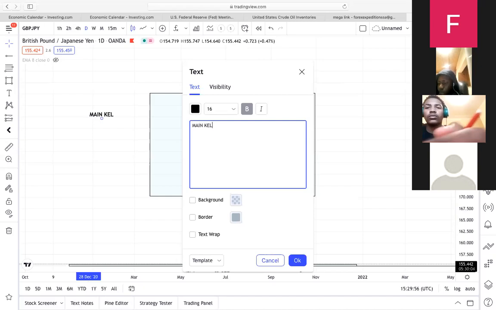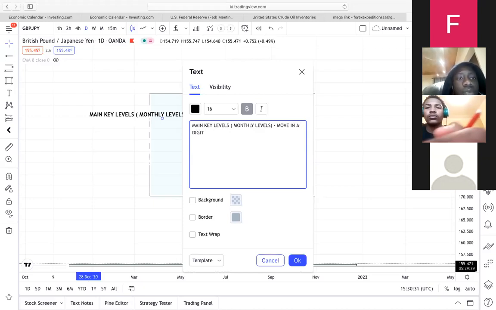Main key levels, which we can say are monthly levels, move in a digit of 500 pips.